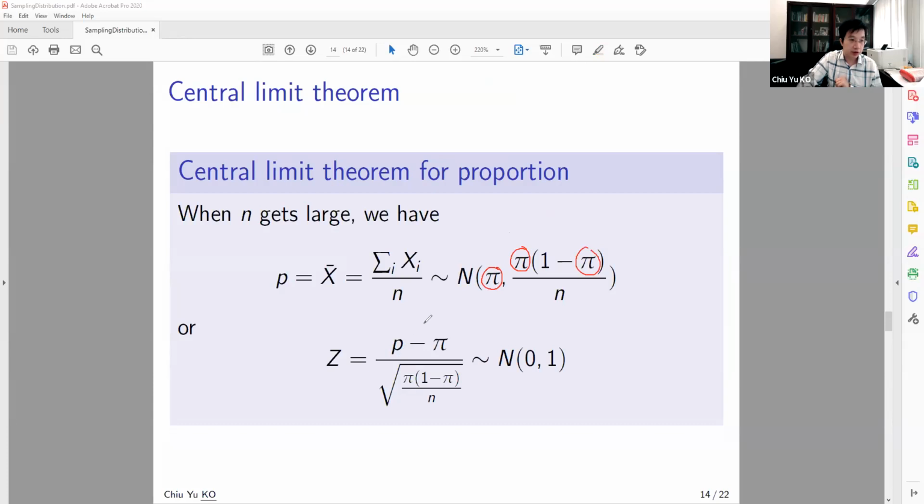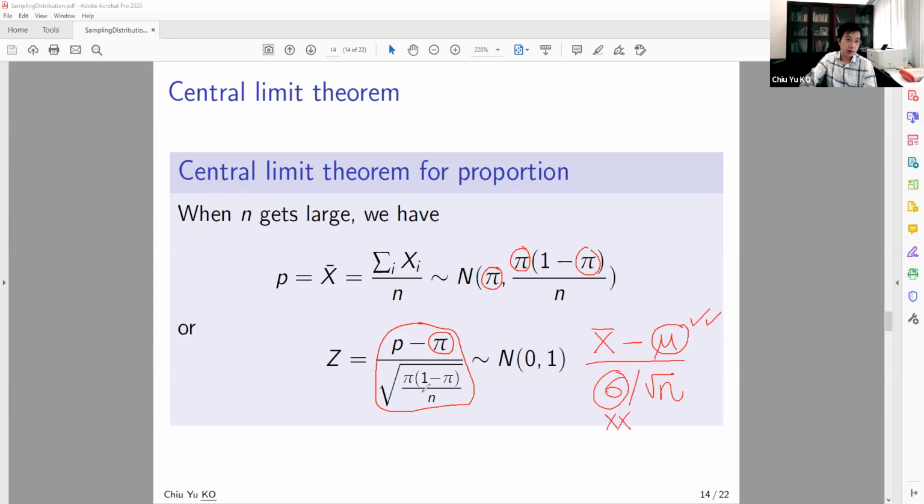So the sample proportion only depends on pi by itself. In the next chapter you will see that the mean is easy to know, and the variance is often very difficult to know.